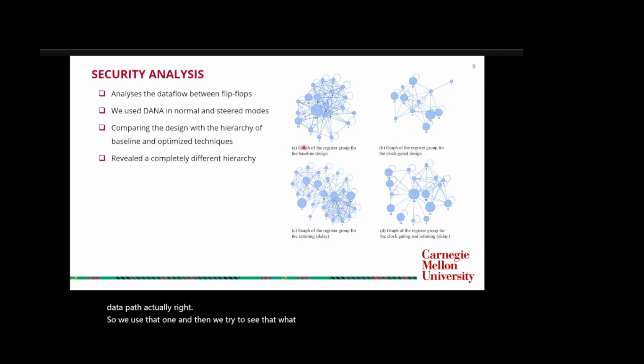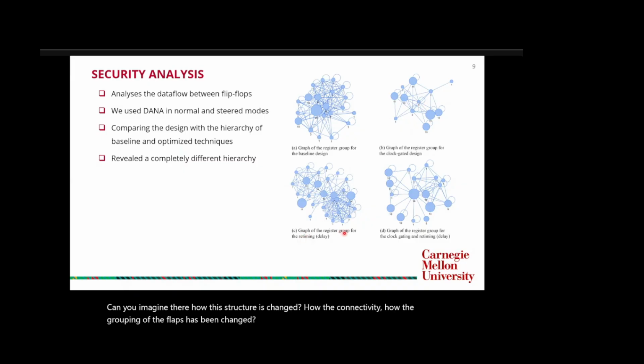So this is our baseline design. We do not do any optimization here. We have this kind of structure. We can see here this is the register size, 20 flops, right? This is the register size, we can say. Now we did a clock gated design. Can you imagine how this structure is changed, how the connectivity, how the grouping of the flops has been changed?